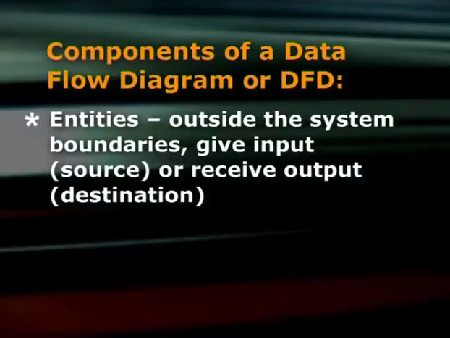Every system has system boundaries. The elements of your system are inside these boundaries. All DFDs have 4 components. Here, the entity which gives input is the source. The entity which receives output is the destination.